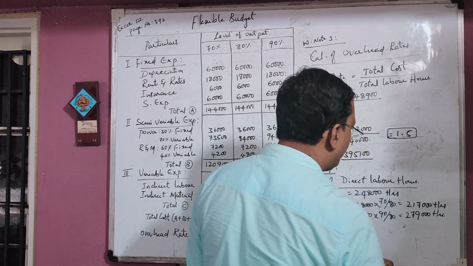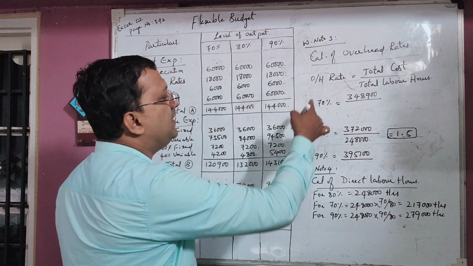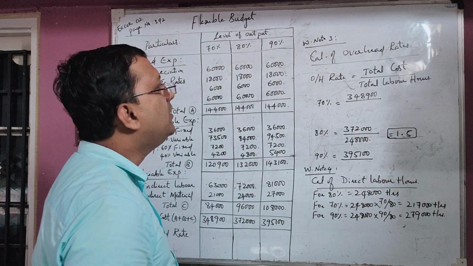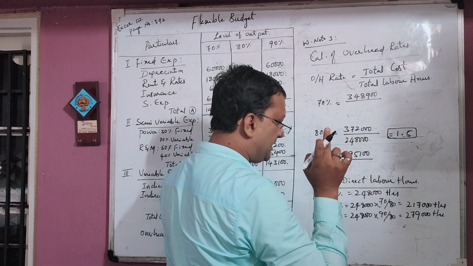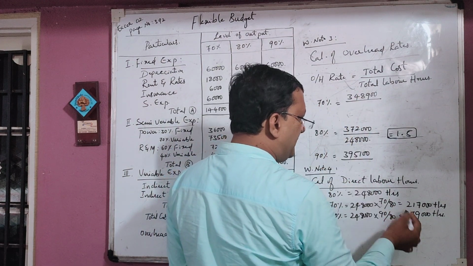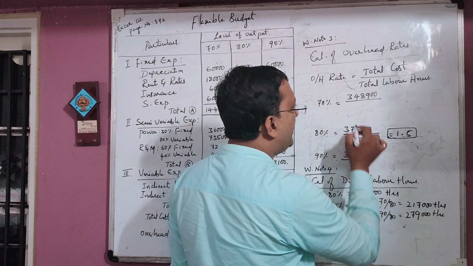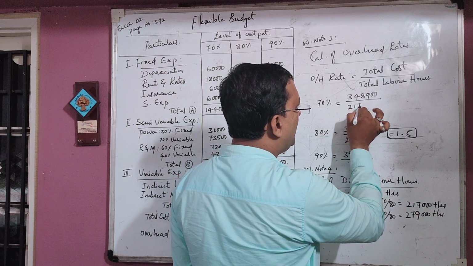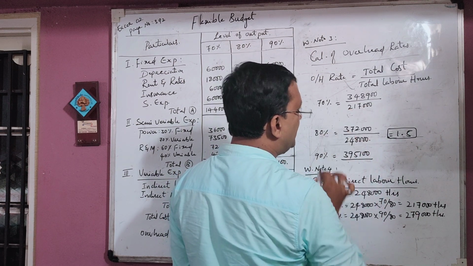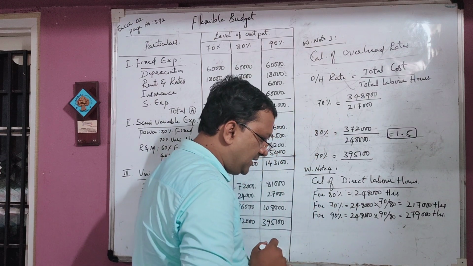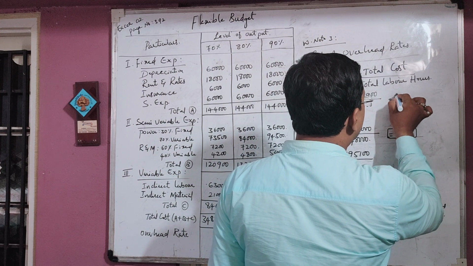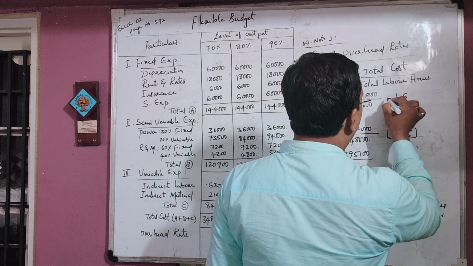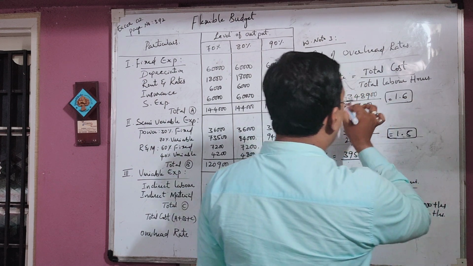Then again come to the third working note, calculation of overhead rate. Total cost 3,48,900 divided by 70% labor hours of 2,17,000 is 1.6. This is for 70%.